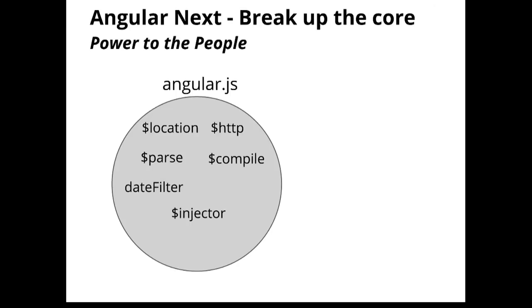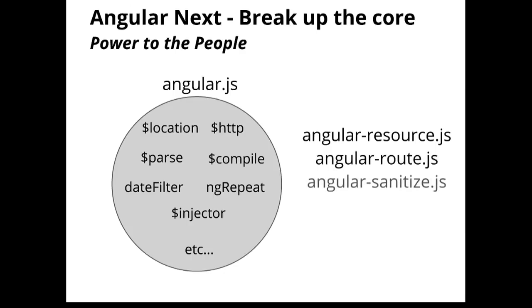But there are also filters and repeaters and directives and many other pieces. And as we were building Angular and adding more features, and as you were asking for more features, we actually outgrew AngularJS, and we started building modules like Angular Resource, Angular Route, Angular Sanitize, and many others.